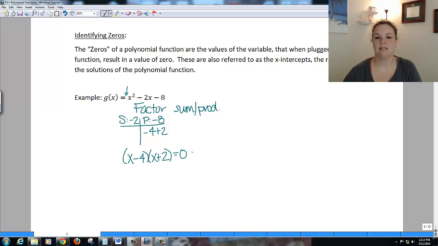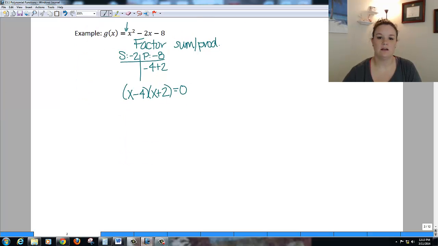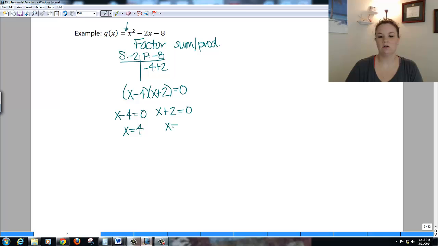I set that equal to 0 so I can solve each of these. So x minus 4 equals 0 or x plus 2 equals 0. When I solve, I move my 4 to the other side, so x is 4 or x is -2. That means the zeros of this polynomial are -2 and 4.